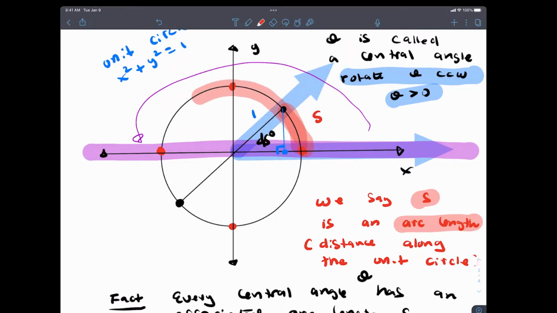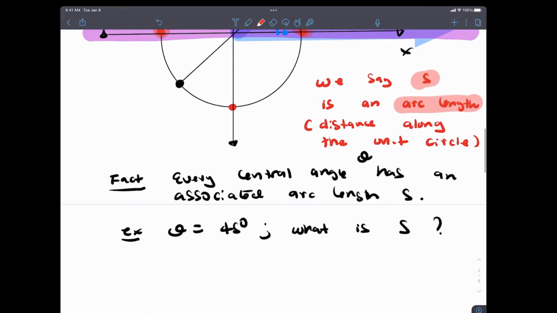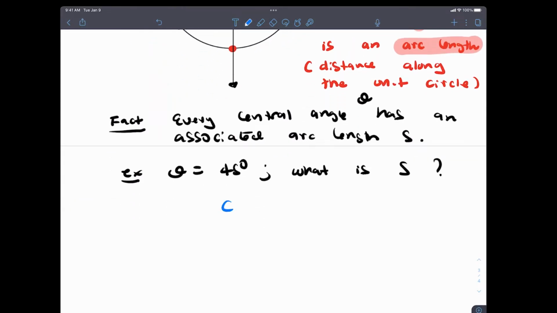What is this distance, if this is a unit circle? Think of the circumference. Remember, what was the circumference of a circle? 2 pi r. And if your radius is 1, the full distance is 2 pi times 1. But you didn't go a full distance now, did you?